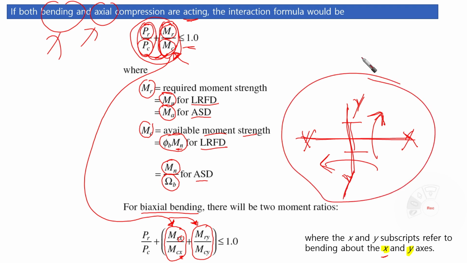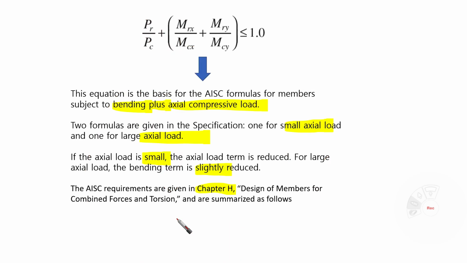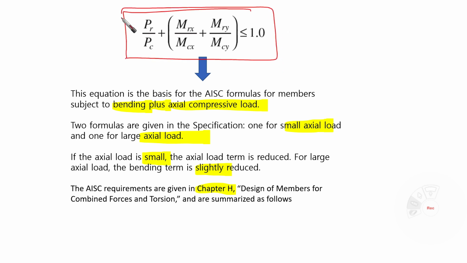Okay, so this is the meaning of what we are going to explain regarding the interaction equation. So now we can end up with this form: PR over PC plus the two components of moment, one component of X, one component of Y. R means required strengths.